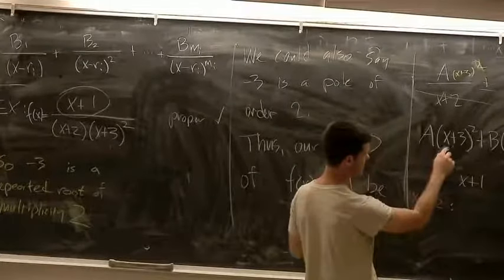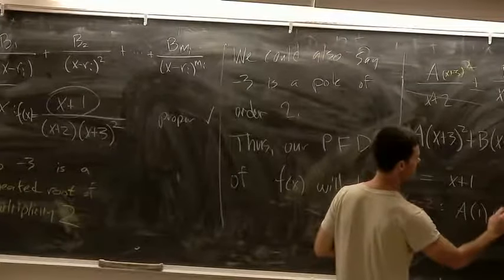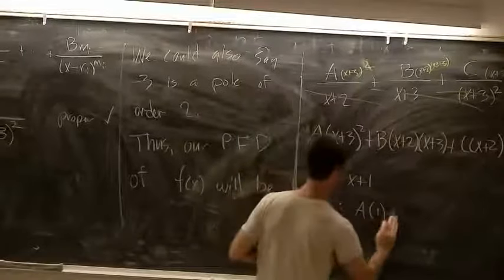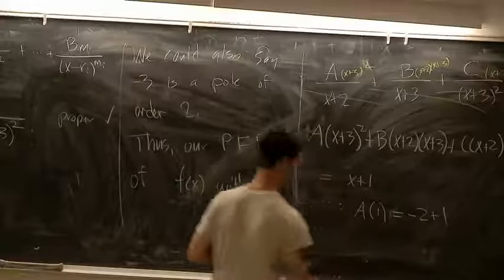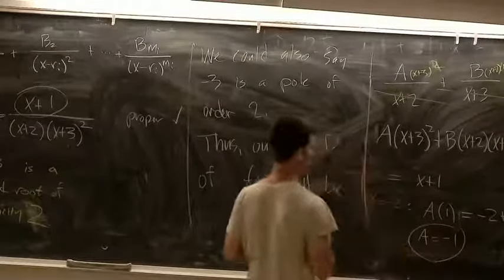Then I'll get A times 1 plus, both of these terms go away, and I get negative 2 plus 1. So A equals negative 1. Cool.